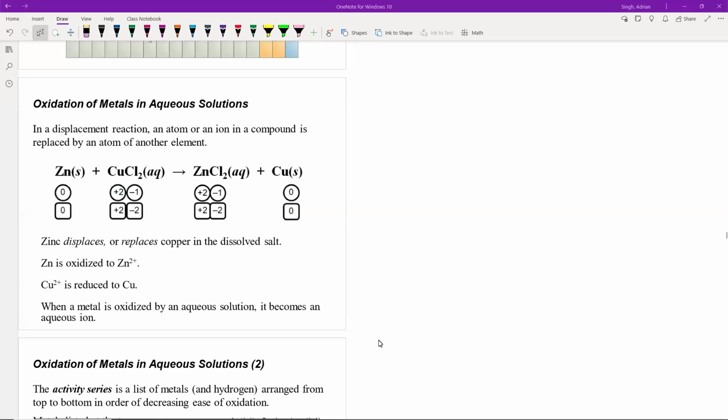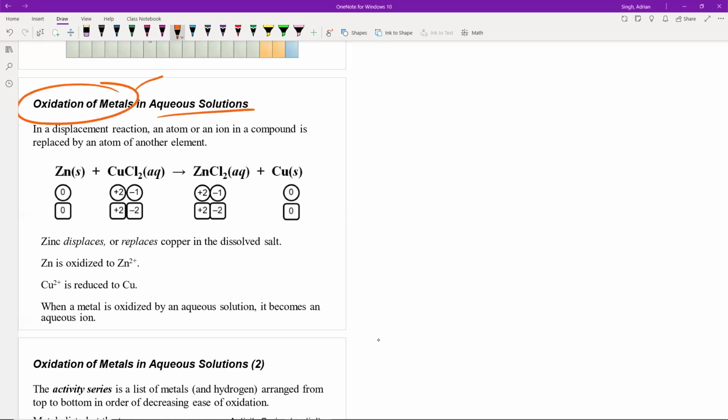Okay, so let's see another example of another situation where we can apply oxidation numbers in conjunction with another characteristic to examine a particular type of chemical reaction. So here we're looking at the oxidation of metals now in aqueous solution.